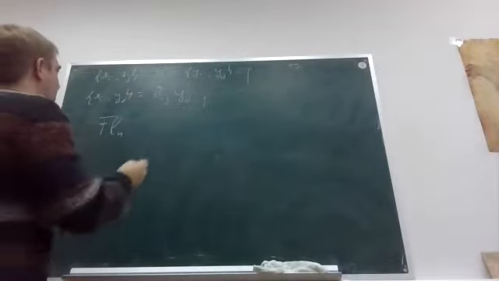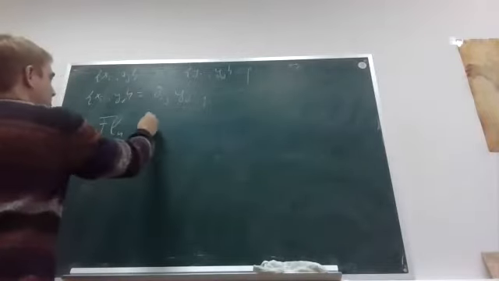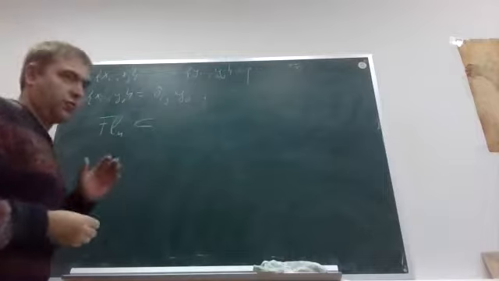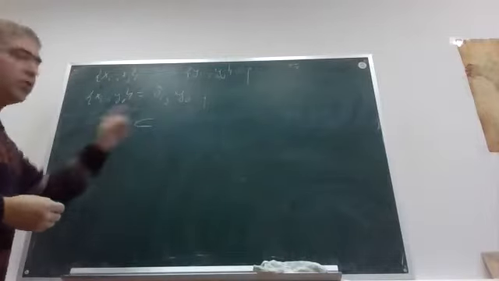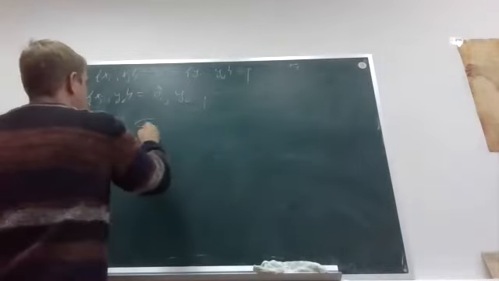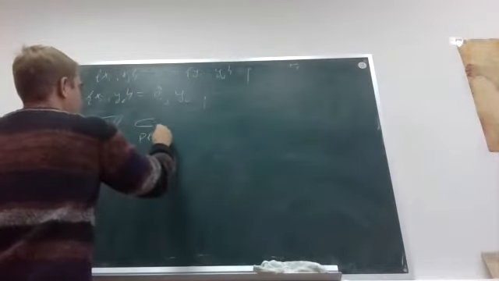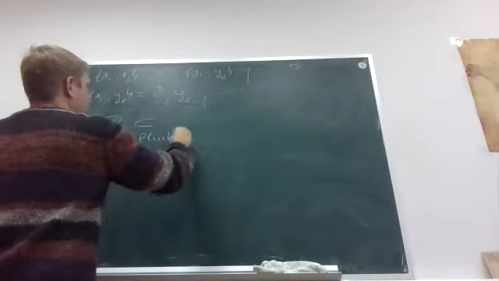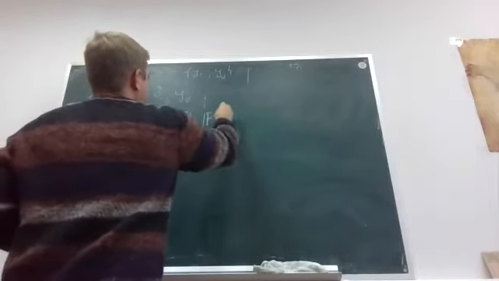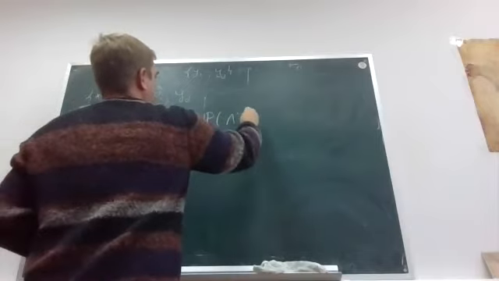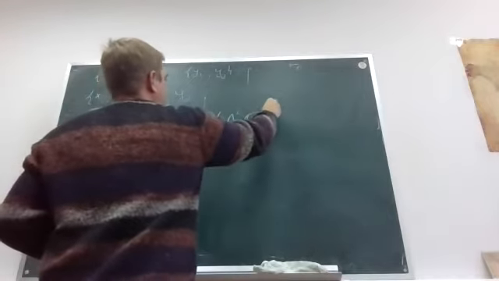So you have to realize the flag variety as a closed subvariety in the product of projective spaces. Namely, you take the Plücker embedding, projectivization of the exterior powers of C^n.